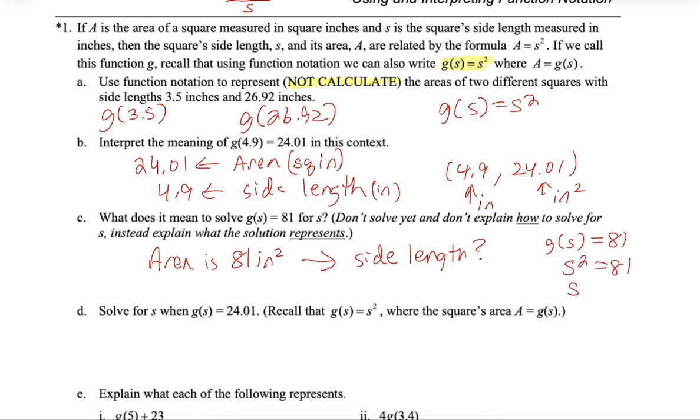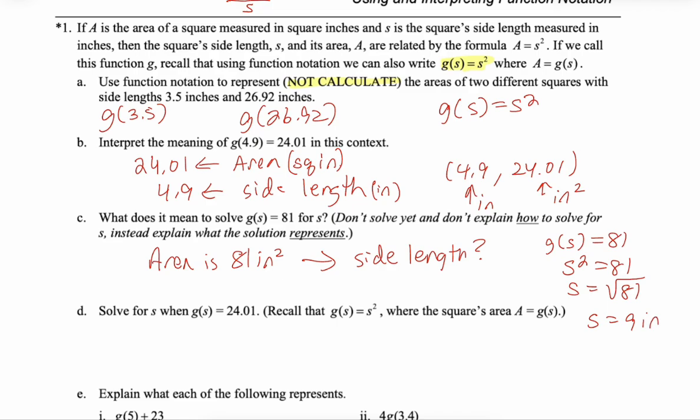And so S would be the square root of 81. Now, this is one time we're putting plus or minus. You can put it initially, but we only want the positive version because the negative version for a length is not something we write length as. So if we were to solve it, you would get an answer of 9. And actually, in context, we would put 9 inches. So the side length would be 9 inches.